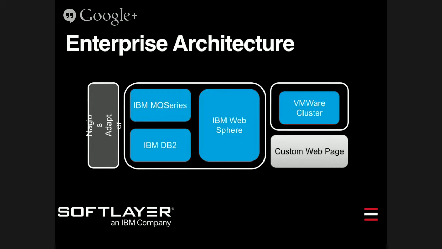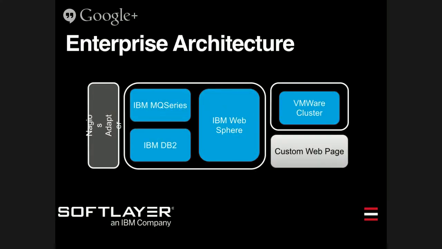Anyway, since we got acquired by IBM, why not put IBM stuff all over for this? Because it's very enterprisey, and they would like that. So if you put together that use case, maybe you've got something like Nagios or NimSoft out front, monitoring things. And it's spitting out events into everybody's favorite IBM MQ Series. You spent the dollars for it, and it's up and running on your machines.